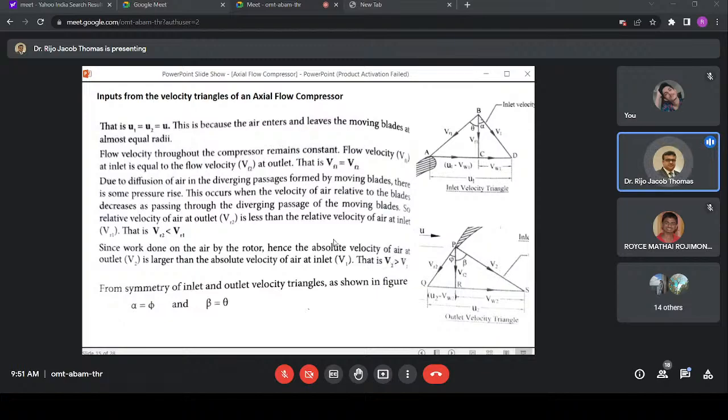Okay, because it is imparting some sort of kinetic energy, and this kinetic energy which is imparted is converted into static pressure energy in the stator blades, so that when it goes from one stage to the other, the pressure increases. Okay, so the kinetic energy imparted by the moving blades is converted into pressure energy in the stator blades, and thereby the pressure is increased.